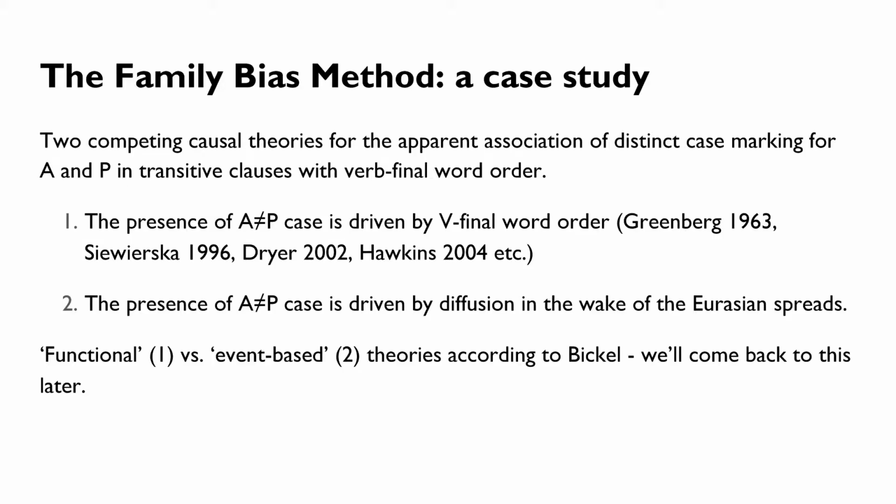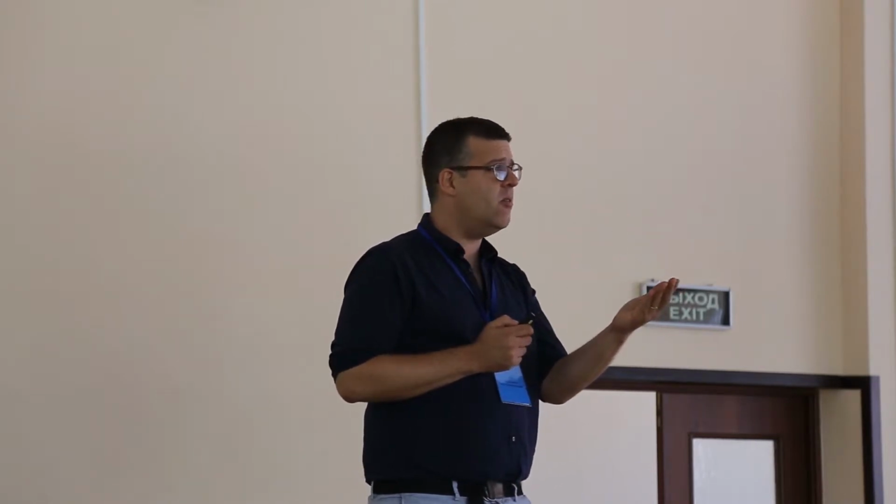So let's take a very quick look at one example of the use of the family bias method. So, two competing causal theories about the apparent association that we see all over Eurasia between a distinctive case marking for A and P core arguments on one hand, and verb final word order on the other, right?